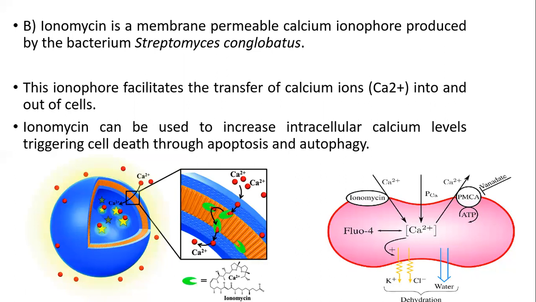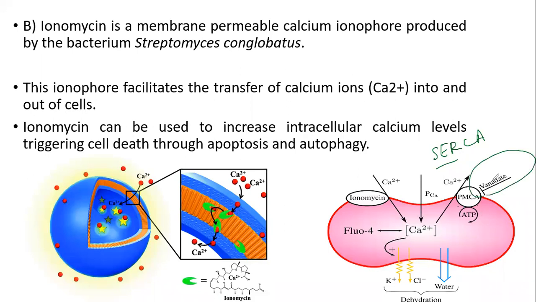If not remembering, a hint is also given there. What was PMCA? There was one SERCA and one PMCA. No one? Plasma membrane calcium ATPase, and what was SERCA? Sarcoplasmic reticulum calcium ATPase. Do you remember something? In muscles, calcium channels. Okay, so those are your calcium ATPases.